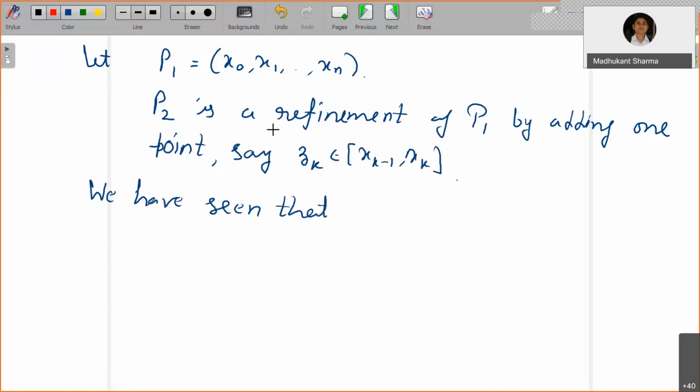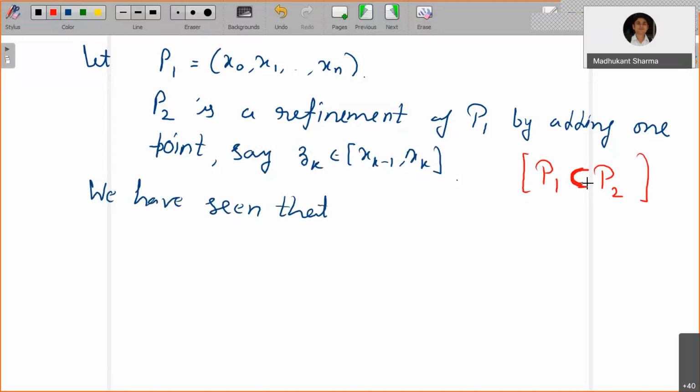When we say P2 is a refinement of P1, we denote it by P1 being a subset of P2.